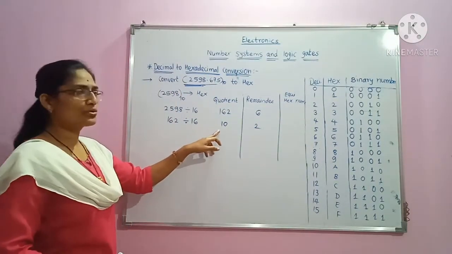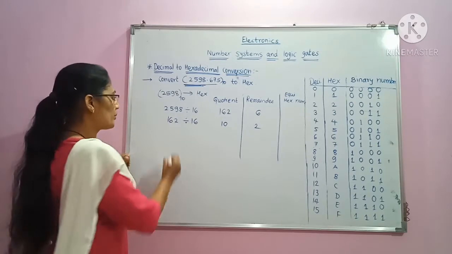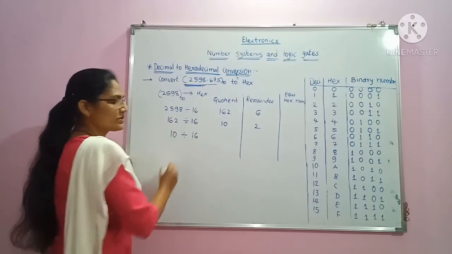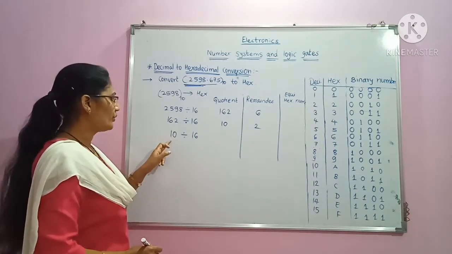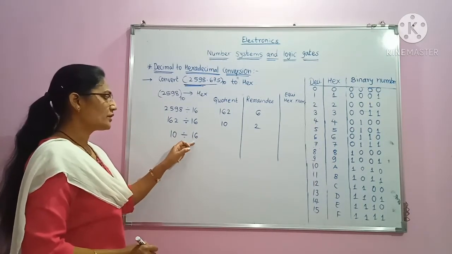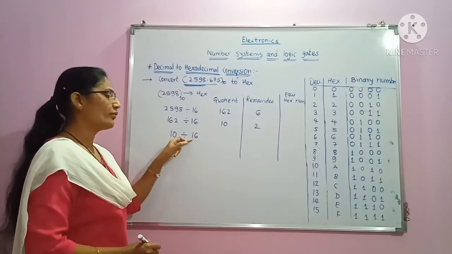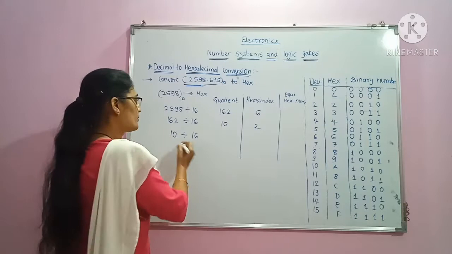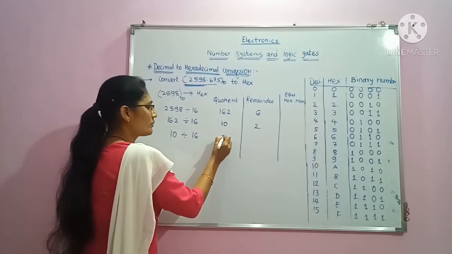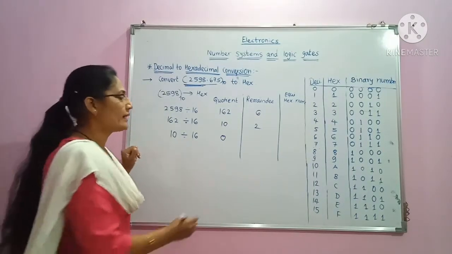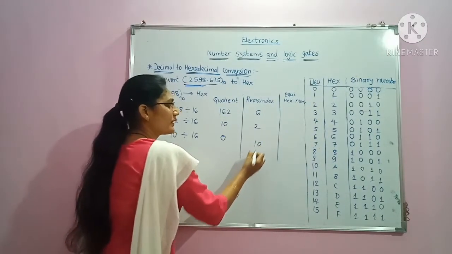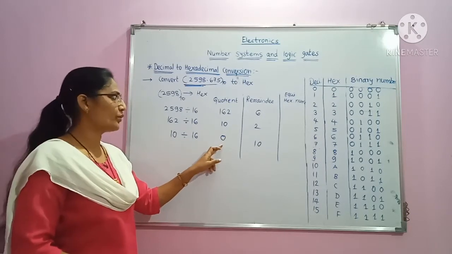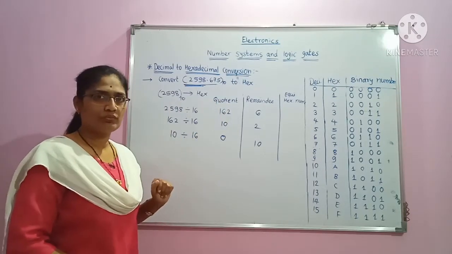Now, as the quotient is not 0, you have to take that quotient and divide it by 16. It is not possible to divide 10 by 16 because it is not perfectly divisible. So here the quotient comes out as 0 and the remainder comes out as 10. As the quotient comes out 0, you have to stop now.